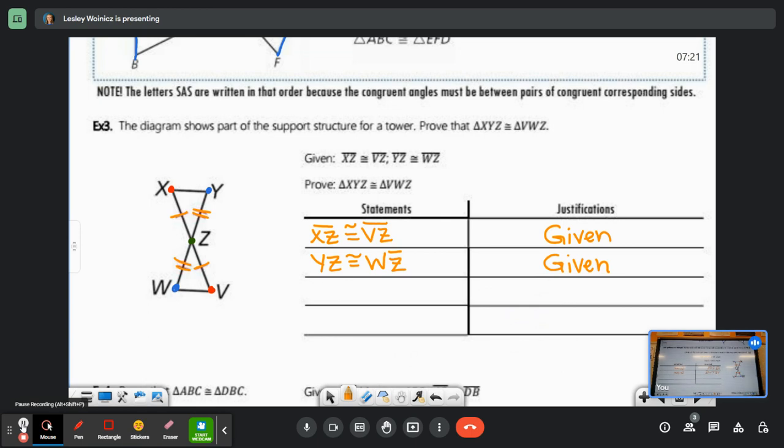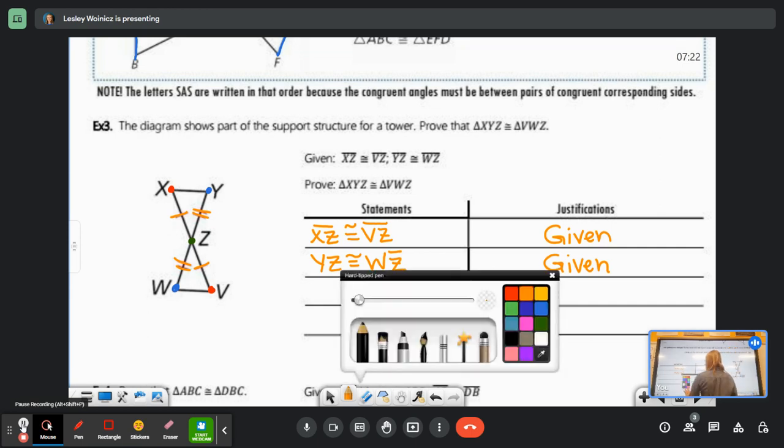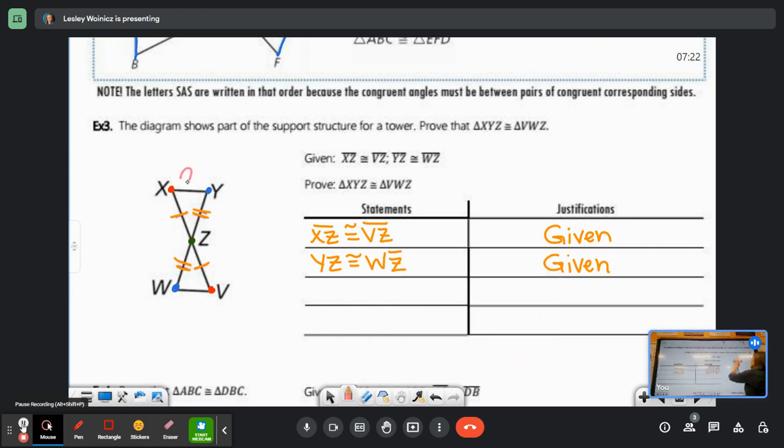What don't I know? I have two sides. I either need a third side or an angle. Since I don't know anything about this side or this side, I'm hoping that the included angle, which is this one here, I can get those two angles congruent. And fortunately, I have a theorem for that. I know that those two angles are congruent by the vertical angles theorem.